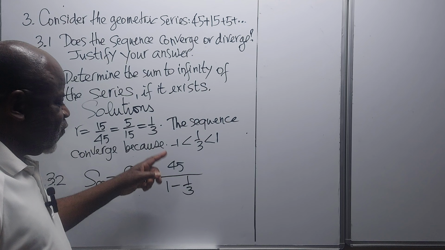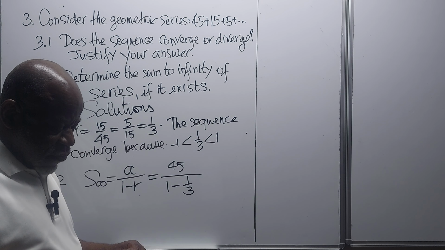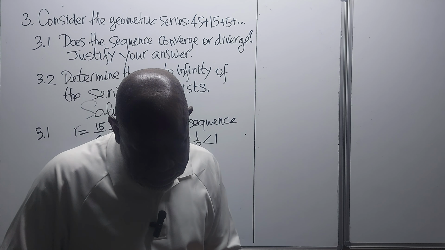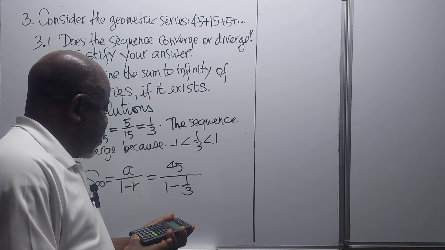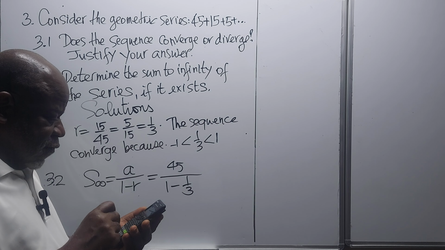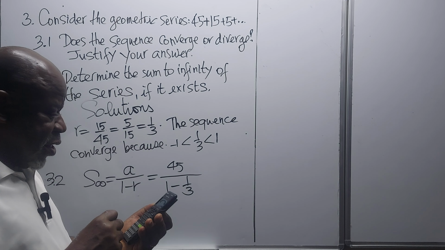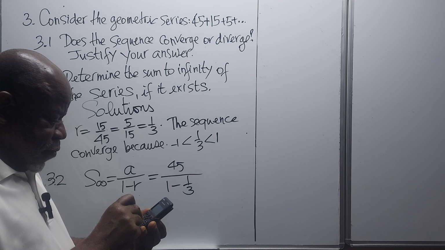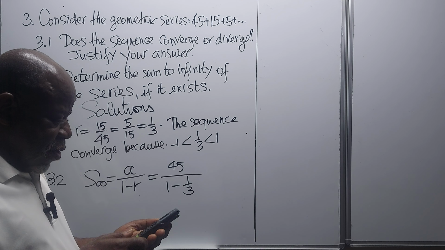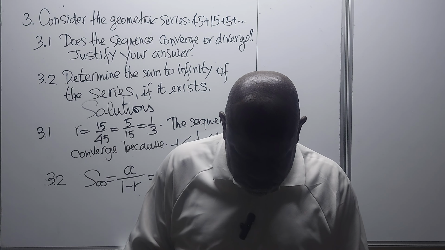So it will be 45 over 2/3. And then using our calculator, 45 over 2/3. And our answer will be 135 over 2.